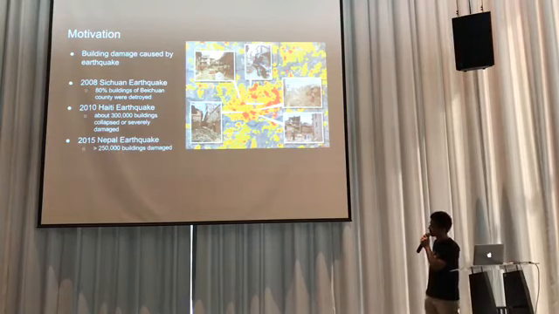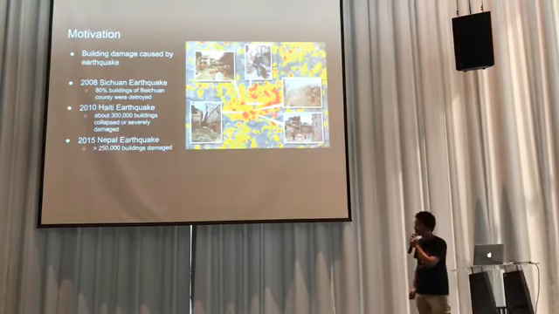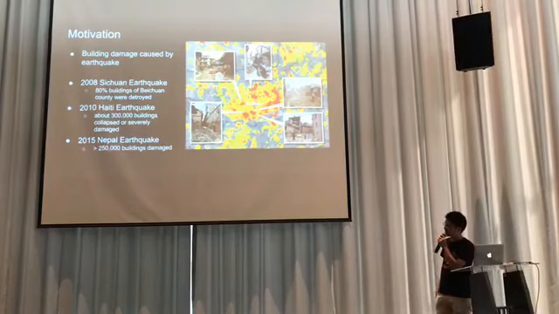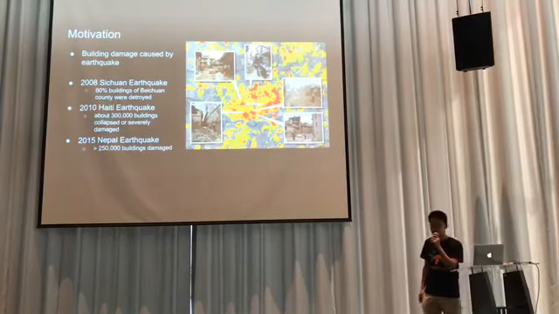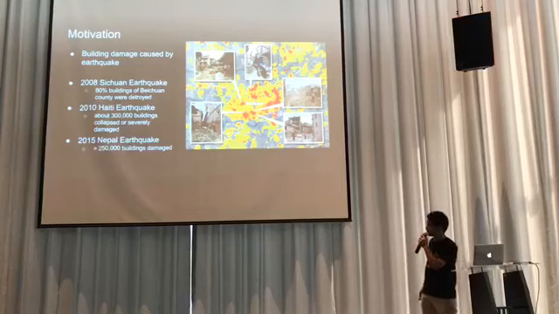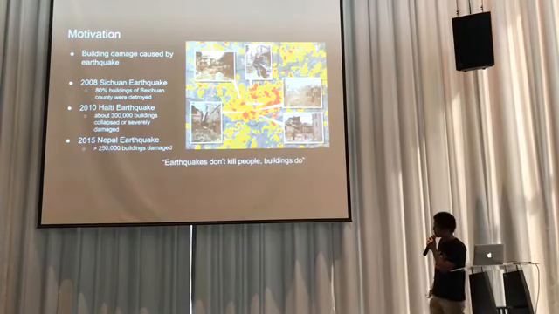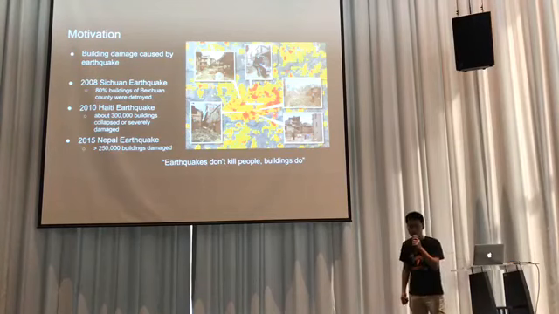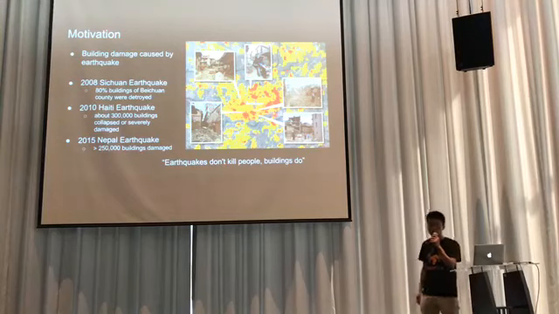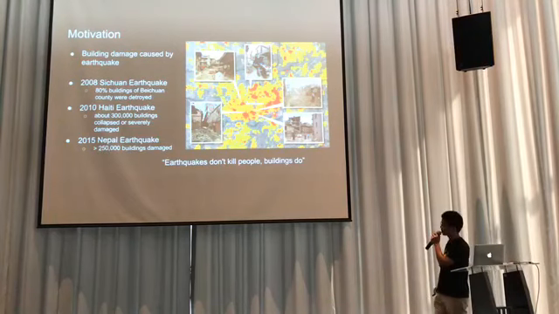And also in the 2015 Nepal earthquake, more than 250,000 buildings were damaged as reported. Actually, because of the buildings collapsing or being seriously damaged, many people died.